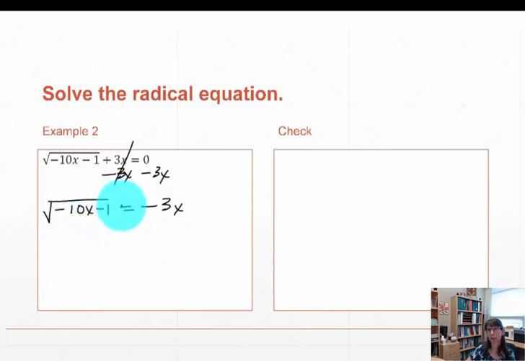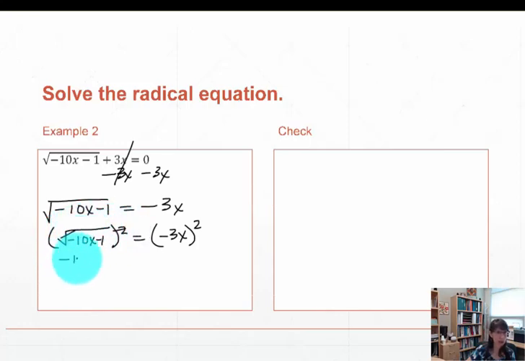In order to eliminate the square root, we're going to square both sides of the equation. So this is the pattern that we're looking for, squaring both sides. So one quantity is the square root of negative 10x minus 1, and the other quantity is minus 3x. On the left side, the square root and the squaring, remember, are opposite operations.